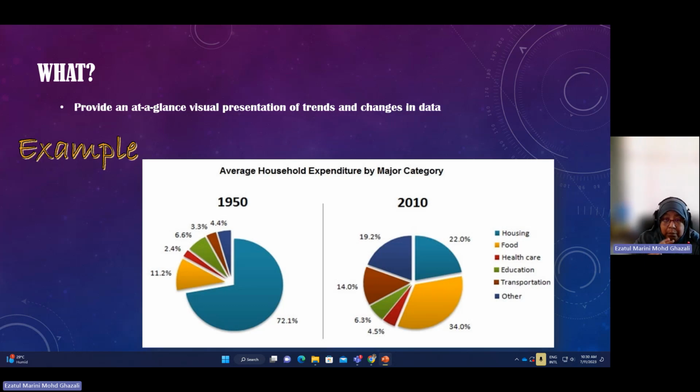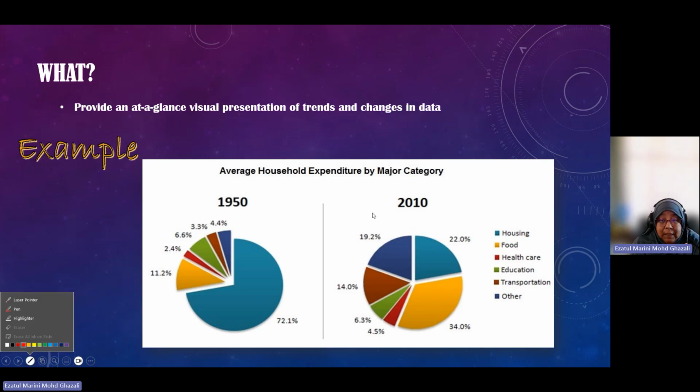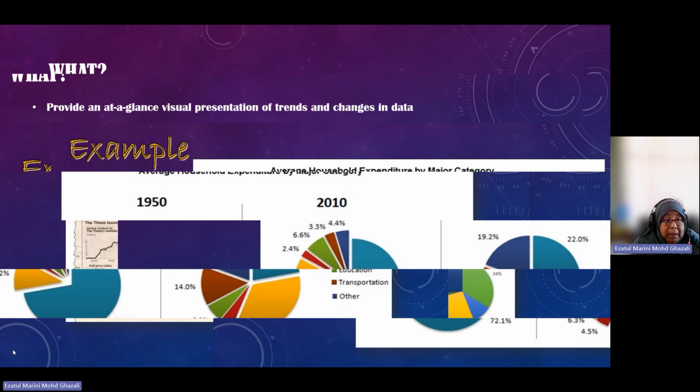If you look at the graphs provided in the page, you can see that there are several categories being studied, for example housing, food, healthcare, education, transportation, and others.